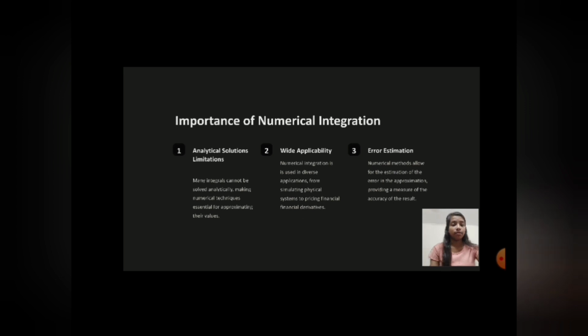Wide applicability: numerical integration is used in diverse applications, from simulating physical systems to pricing financial derivatives. Error estimation: numerical methods allow for the estimation of the error in the approximation, providing a measure of the accuracy of the result.